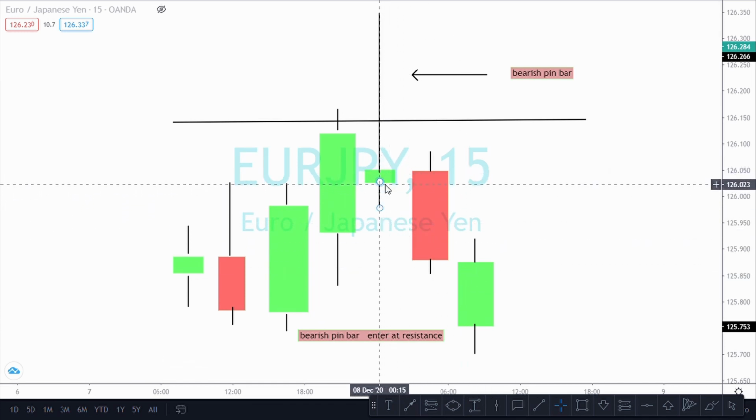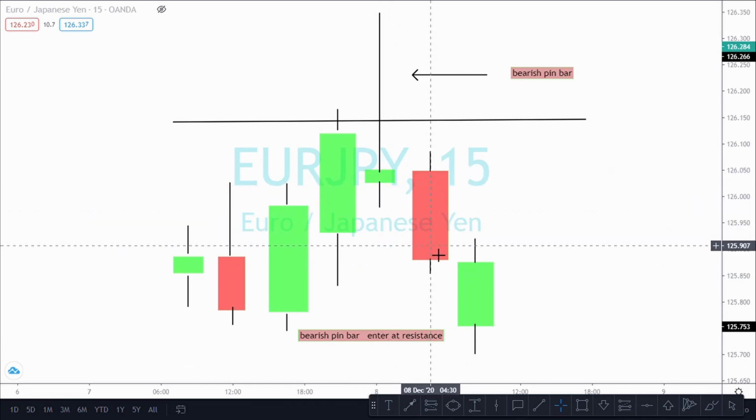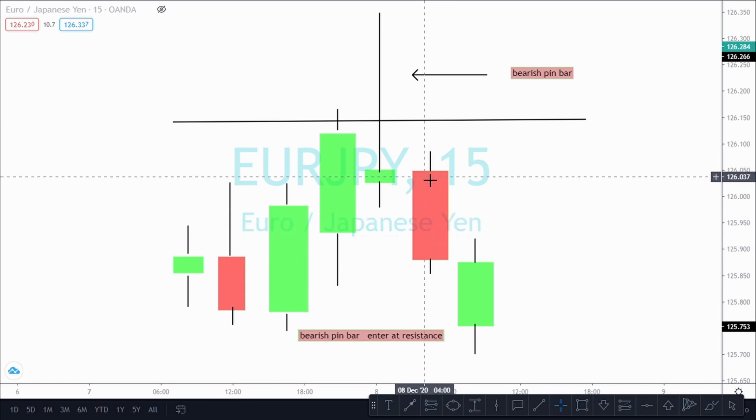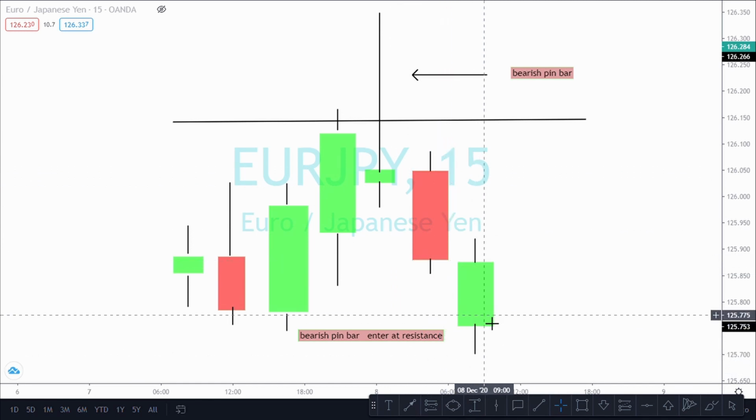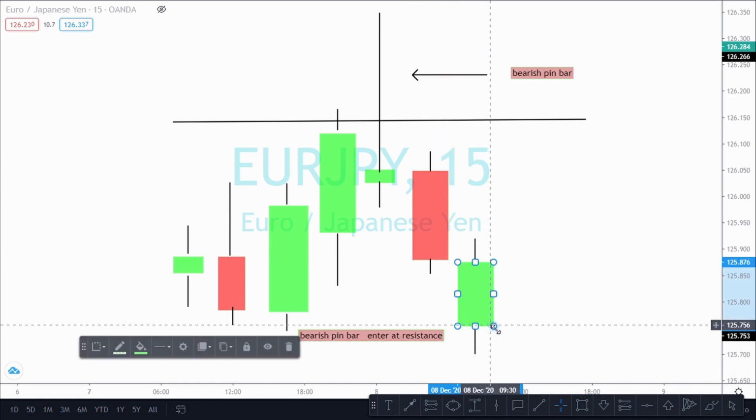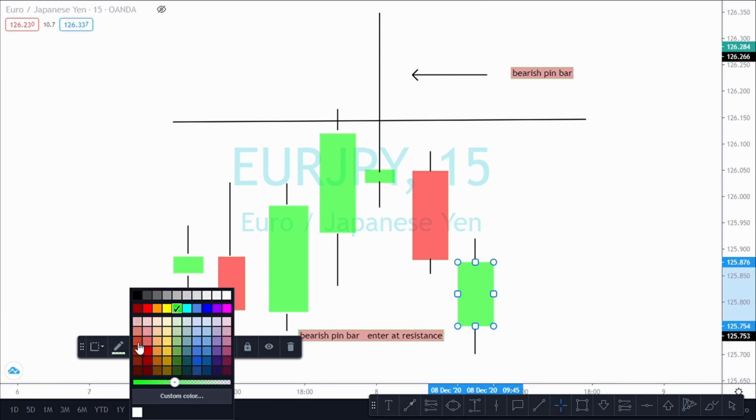Then what you do is allow this to play out, and then allow this to finish or close, and this is supposed to be a bearish candle.